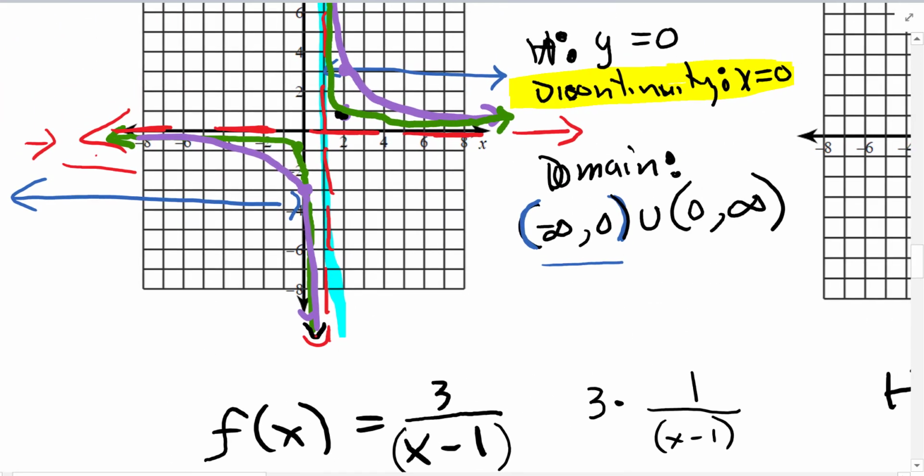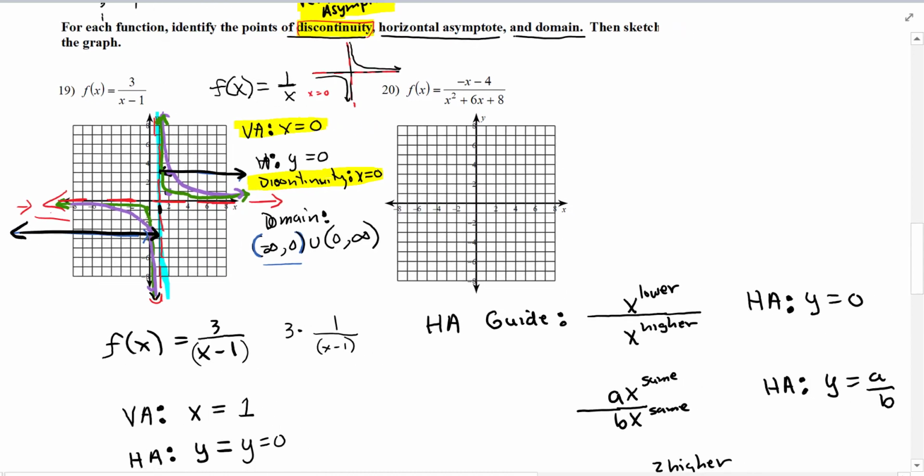And that's what happened right here. This graph now is getting really, really close to 1. And starting here, from really, really close to 1 on to positive infinity. Just like that.